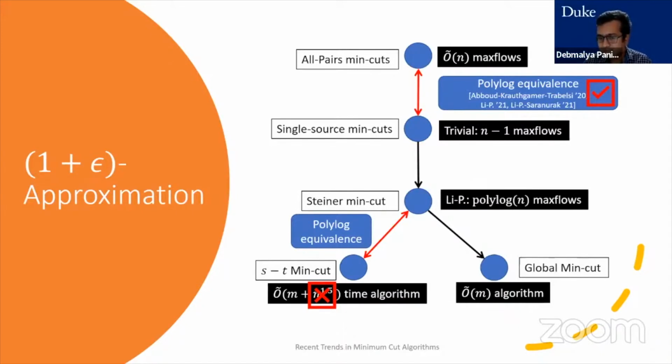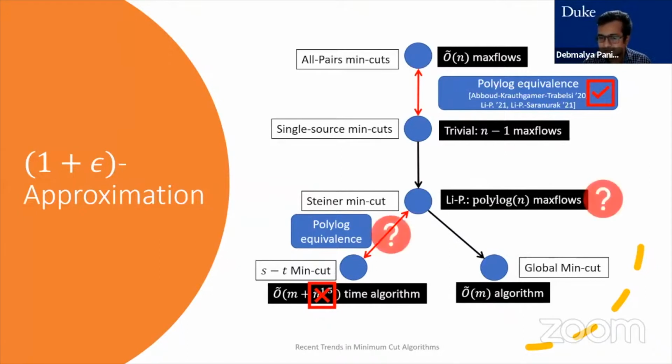Unfortunately, the equivalence at the bottom, the equivalence between ST min cuts and Steiner min cuts, was via isolating cuts, and isolating cuts is not robust to approximation. So if, instead of giving you exact max flow calls, I gave you approximate max flow calls or approximate ST min cut calls, we don't know how to use those to find approximate isolating cuts.